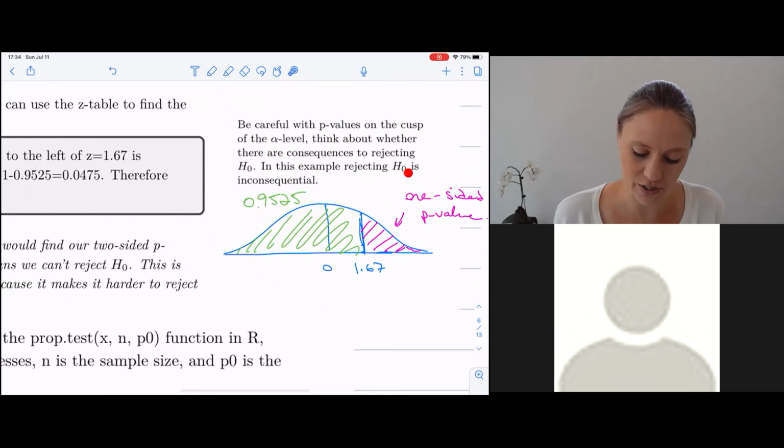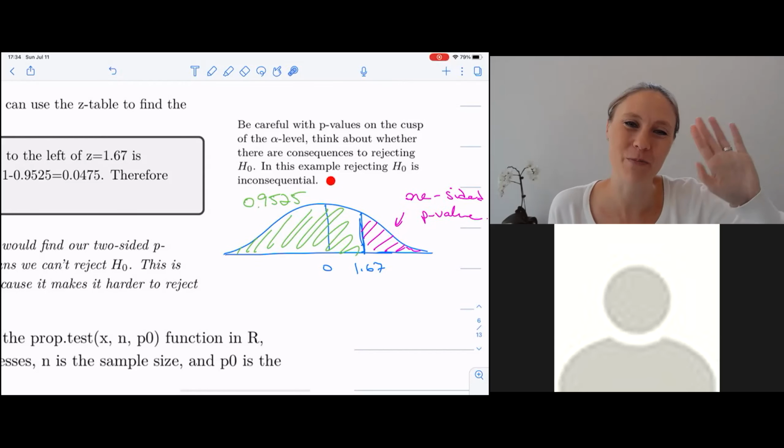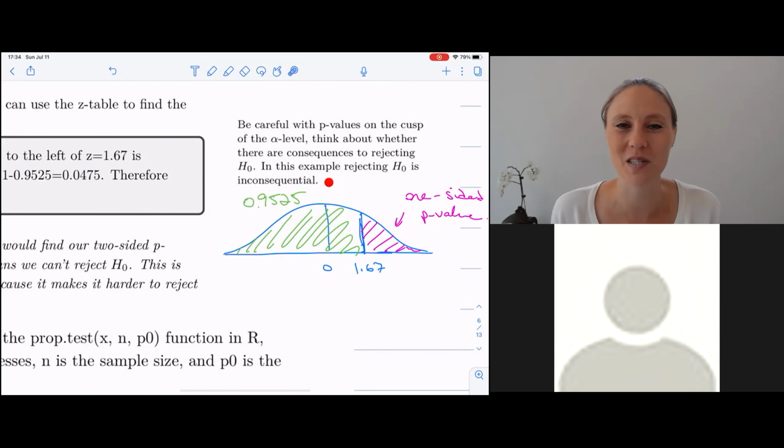In this example, rejecting the null hypothesis is inconsequential. If I go out there and publish a paper that says the paired data question was the preferred question among statistics students, maybe I should write that paper. I need more data. The preferred question is the paired data out of these four.